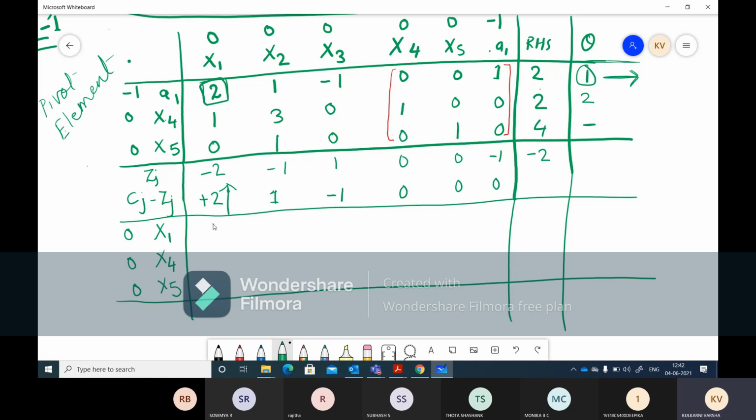So 2 divided by 2, 1. 1 divided by 2, 1 by 2. Minus 1 divided by 2, minus 1 by 2. 0 divided by 2, 0. 0 divided by 2, 0. 1 divided by 2, 1 by 2. 2 divided by 2, 1.